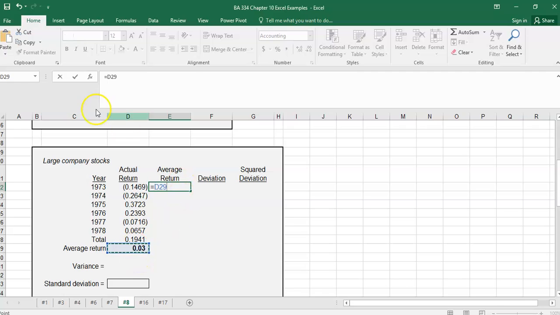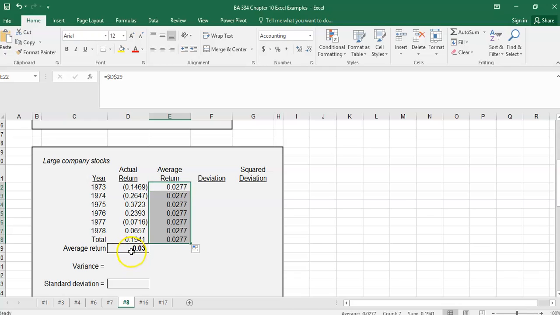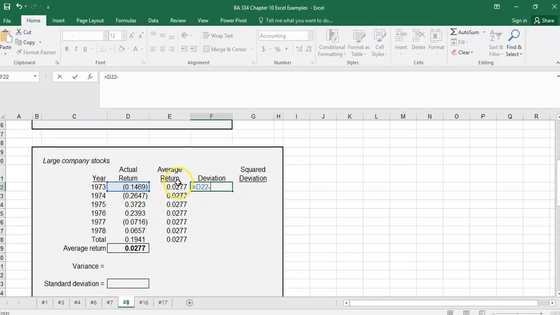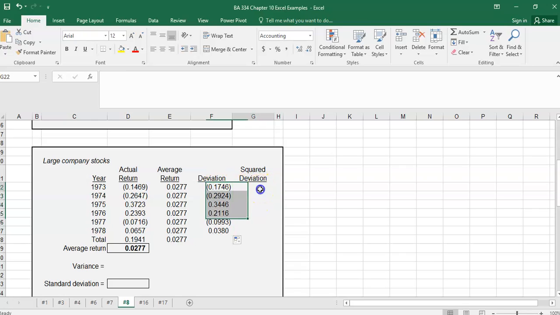So our average return, locking that cell. And then the deviation, the difference between the actual and the average. And the deviation squared.